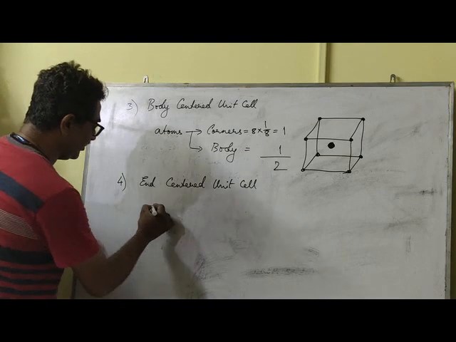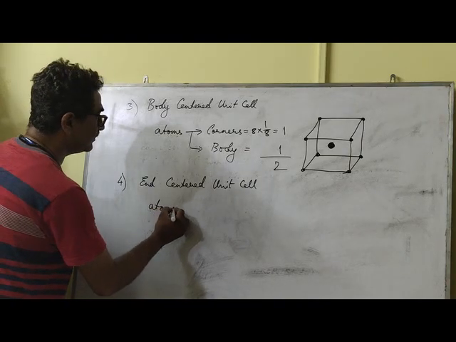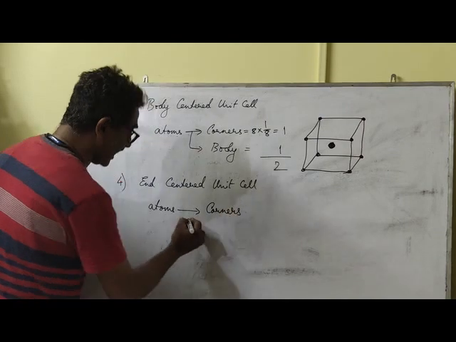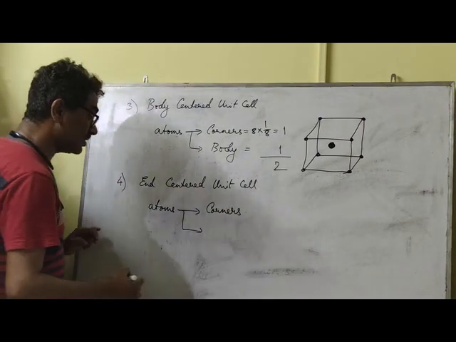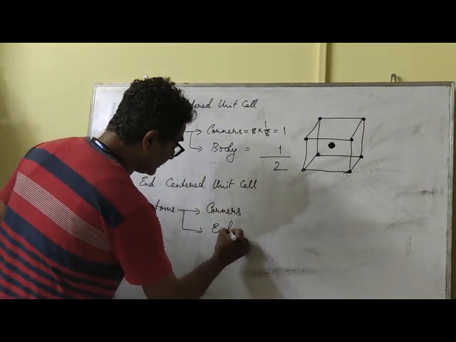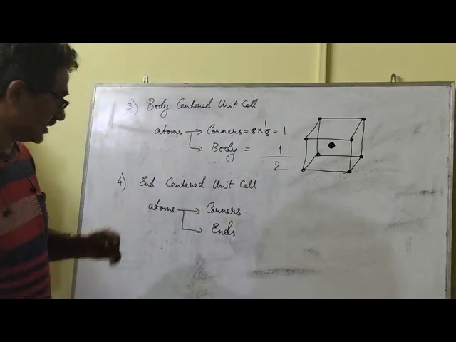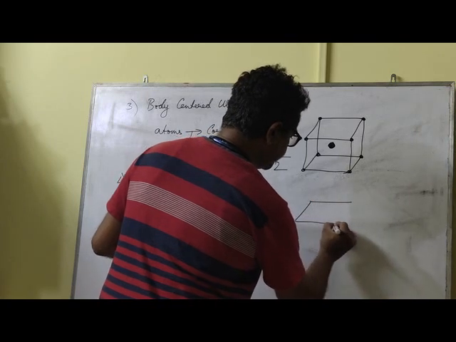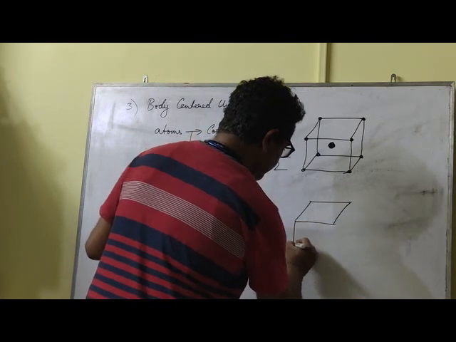Here we have atoms at the corners as usual. Along with that, we also have it at the ends. Now let me represent that. So first of all, let me draw the entire cube.